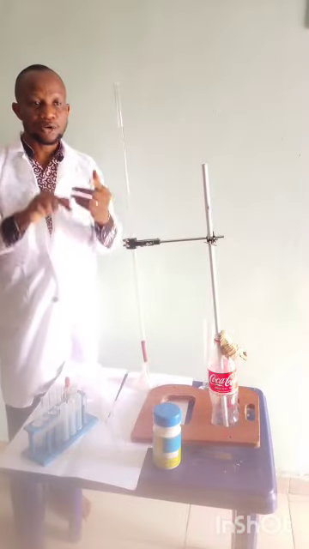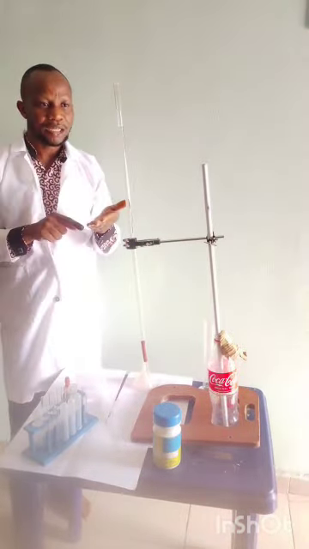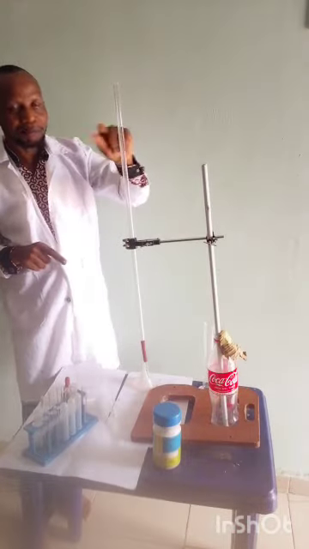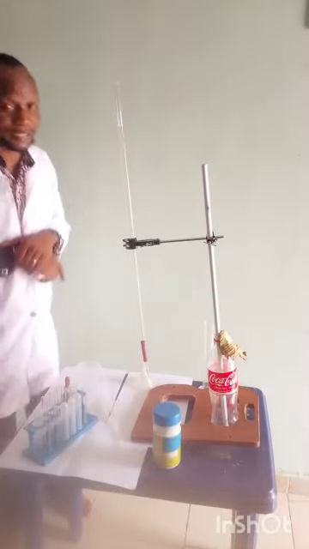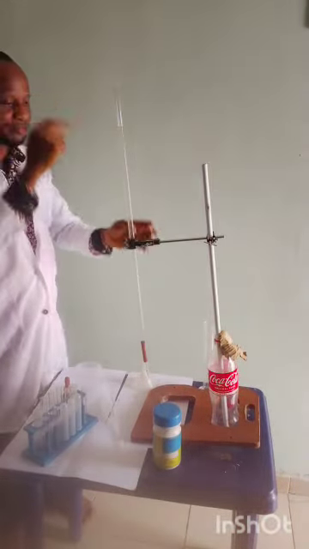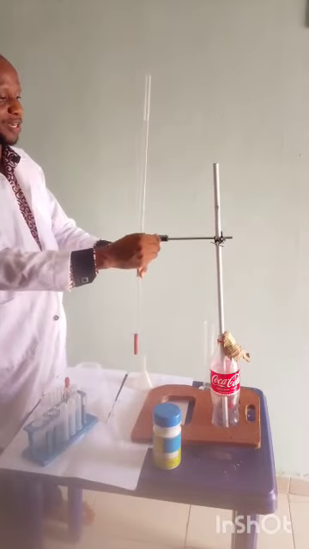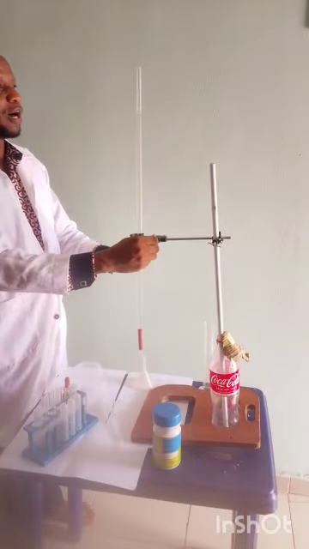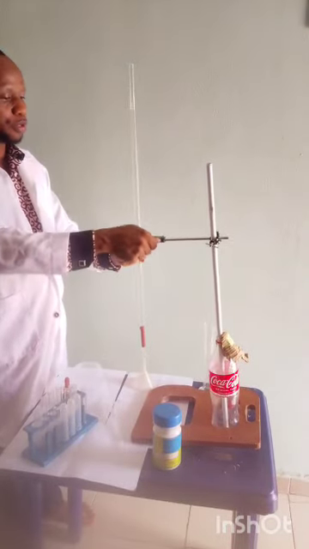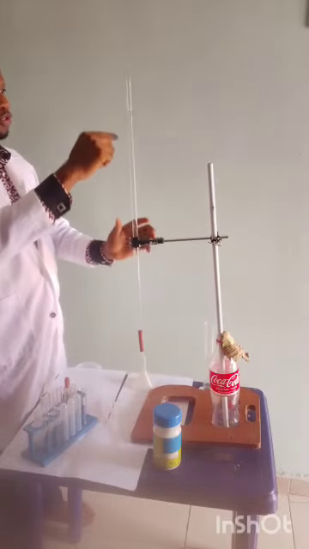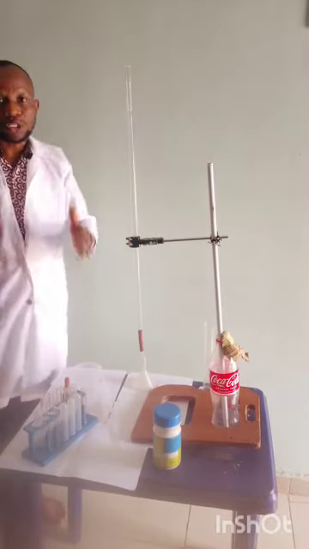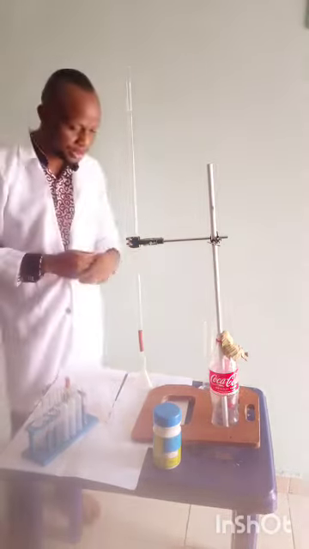The meniscus line has to be on the mark 0. You don't bend. You make sure it is at eye level. You can adjust your burette if you are a short person or average height or tall, to ensure that you are seeing it straight.